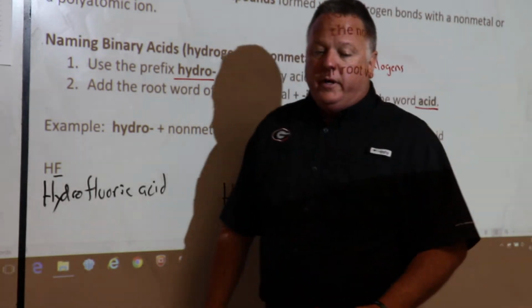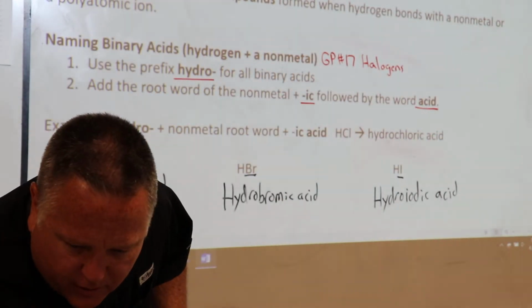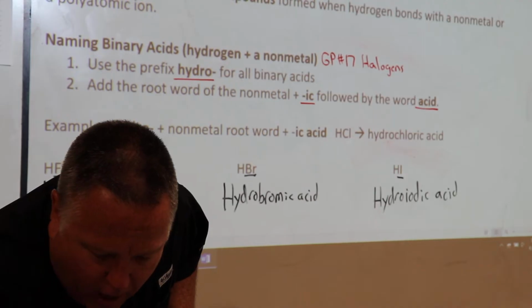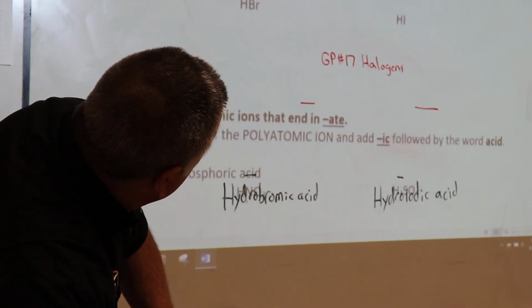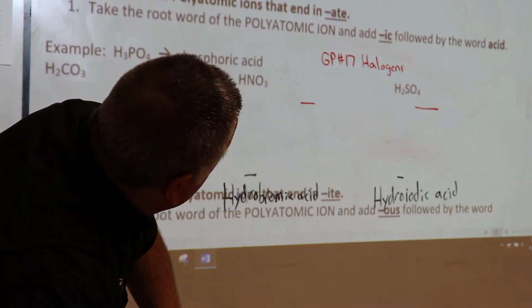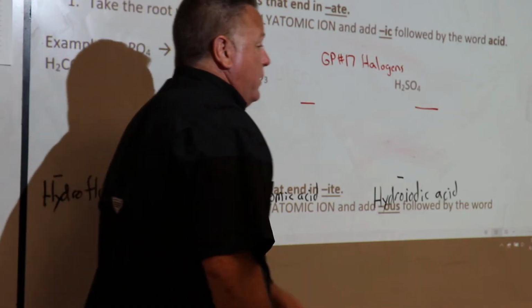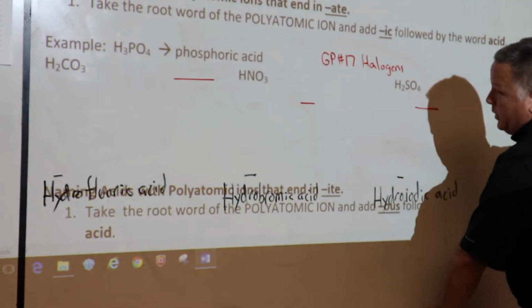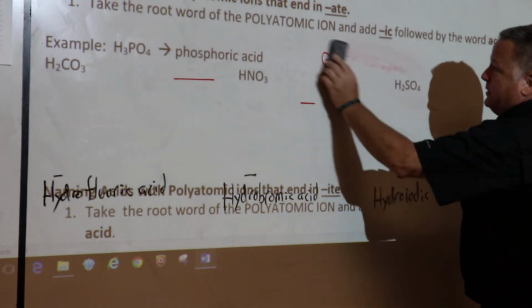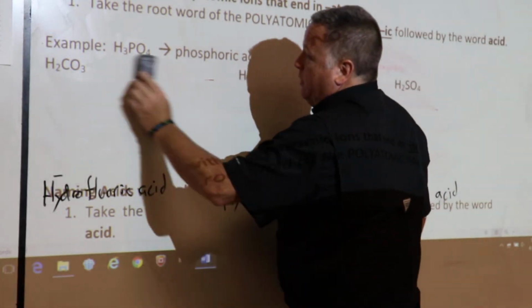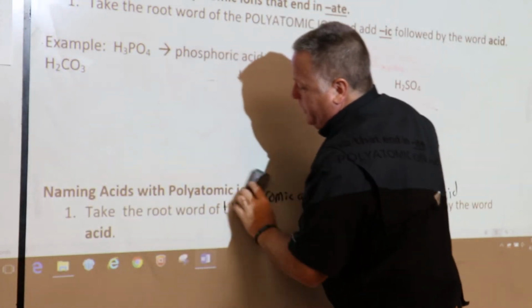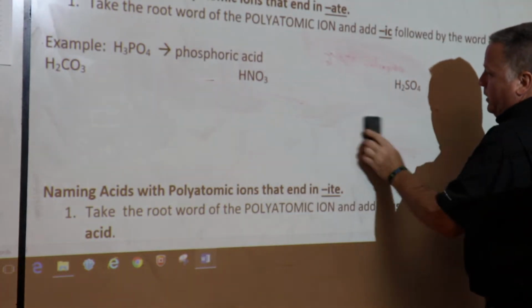Now we're going to move down the page and we're going to take a look at the oxyacids, the ones that have polyatomics. These are called oxyacids for the obvious reason that they're made up of a polyatomic that contains oxygen. So you're going to need your polyatomic sheet on the back of your periodic table.